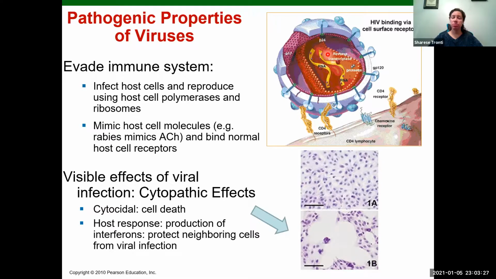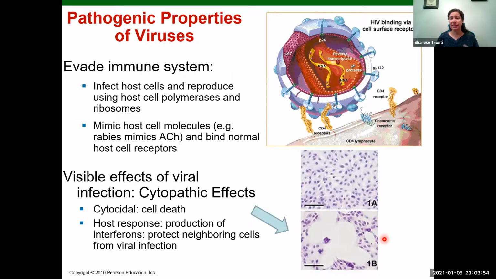Some visible effects of a viral infection are called cytopathic effects. What we're seeing here is what normal cells would look like, and this is what cells look like with a viral infection. A lot of viruses, when they're done with the replication cycle, will rupture the host cell.